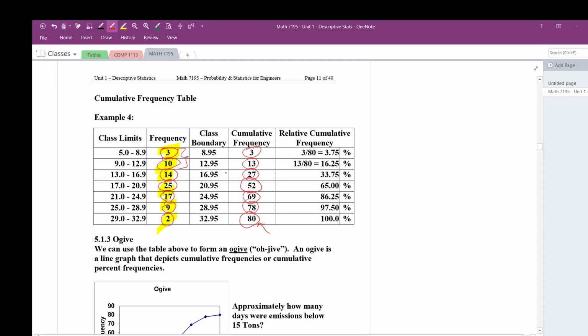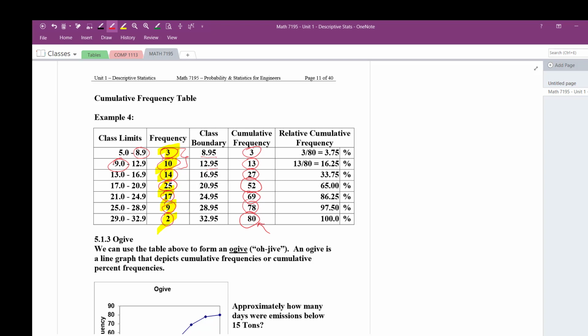How many values are less than or equal to 8.95? How many values are less than or equal to 12.95? And you notice I defined a new term called class boundary, which is just the value that's in between the two classes. It's a value that we can't ever land exactly on.